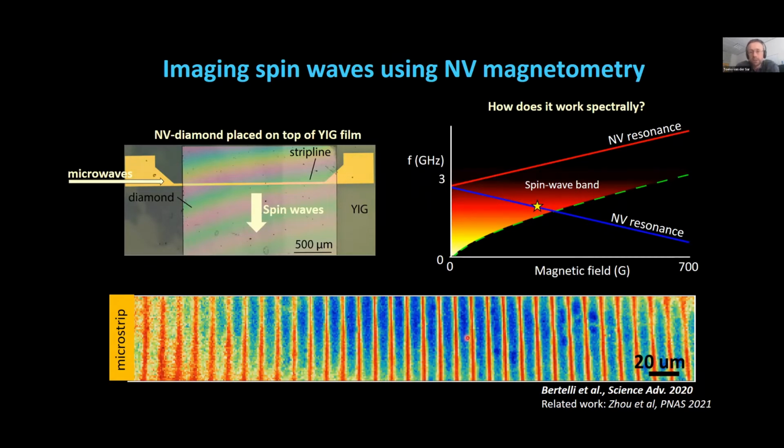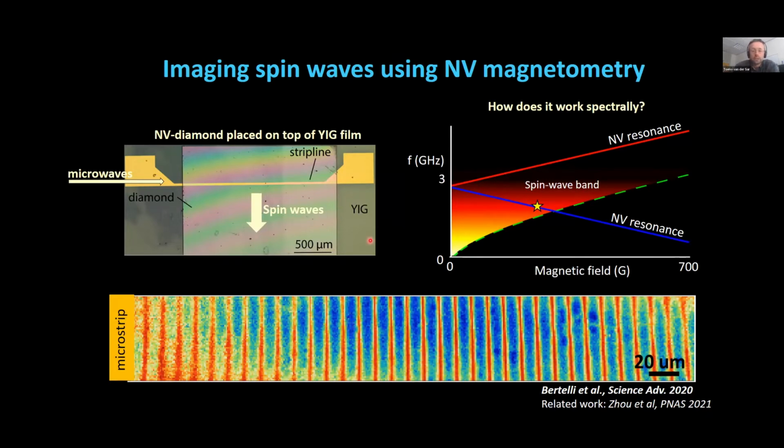So in this measurement down below, we are approximately at this star. We apply a frequency that is resonant with the NV center, and we excite spin waves with that same drive frequency, and then the amplitude of the NV resonance tells you the spin wave amplitude.